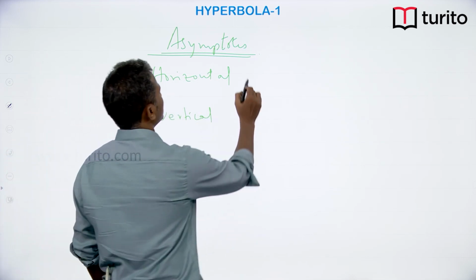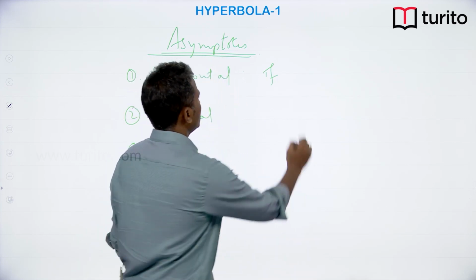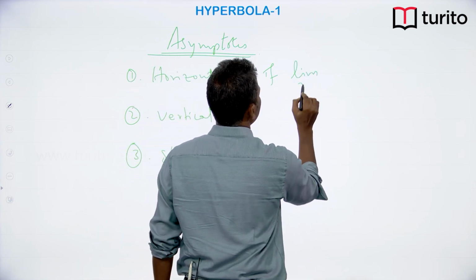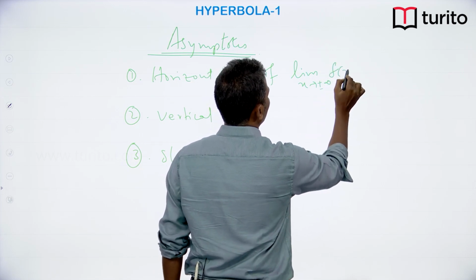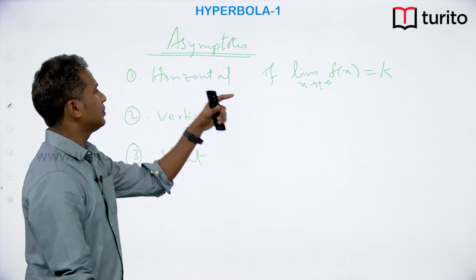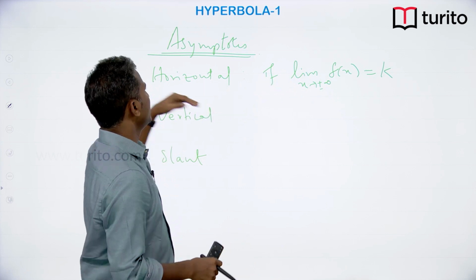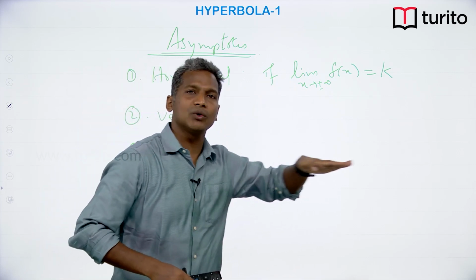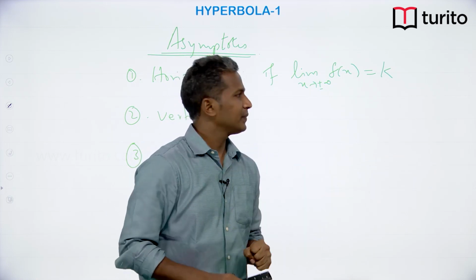Now, we get horizontal asymptotes if the limit as x tends to either infinity or minus infinity of f of x tends to a constant k, and k should be a finite constant. If this happens, then our curve tends to a constant as x tends to infinity, horizontally.